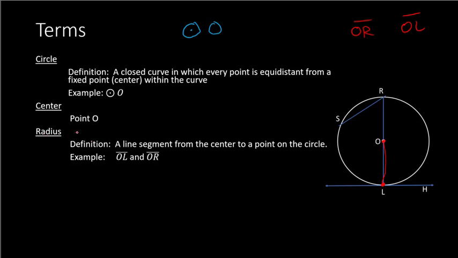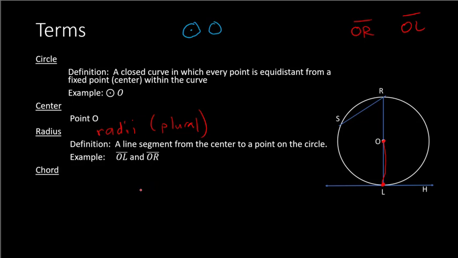That means one segment. The plural of that word is radii, so it's R-A-D and then two I's at the end. So OR and OL are radii of the circle. Make sure you know both words. Typically use the word radius, but be aware of radii as well.